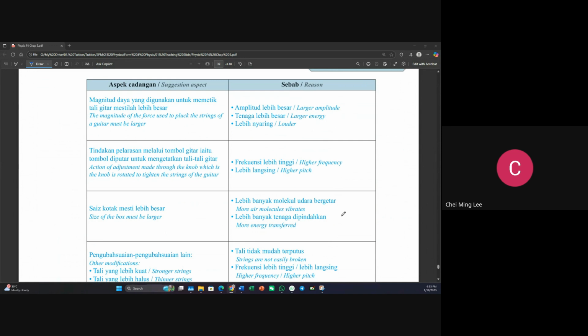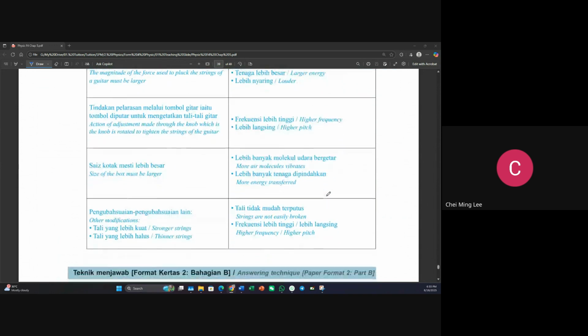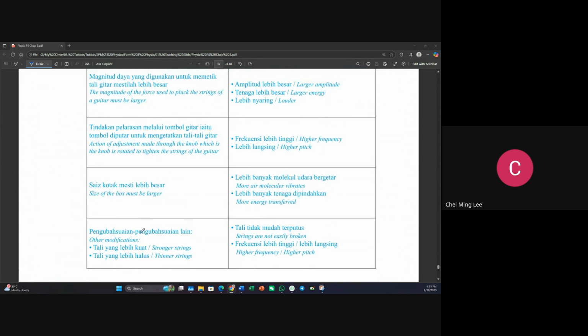This is why the ukulele needs the mic, but sometimes the big guitar, the sound is very dense, we say strong. Okay, and another modification, they need a stronger string. Don't use the nylon one, it easily breaks. I have tried the nylon before. I know how to play guitar, not really a very pro one, just play for fun.